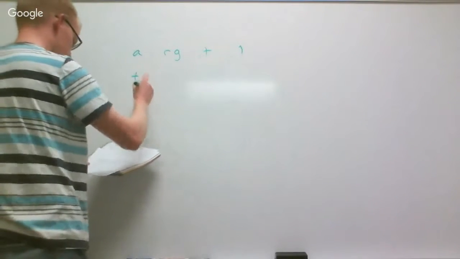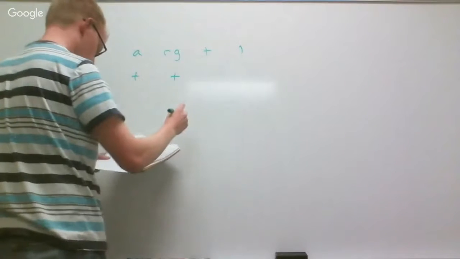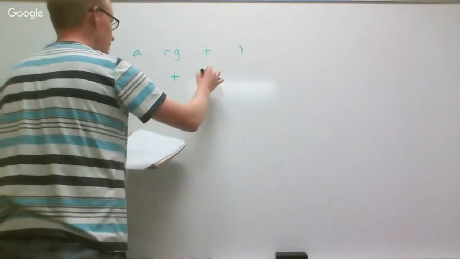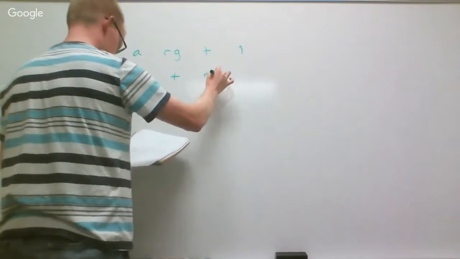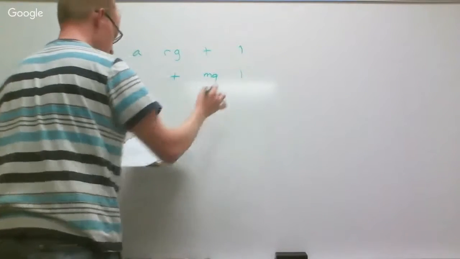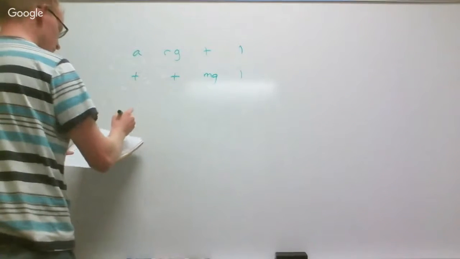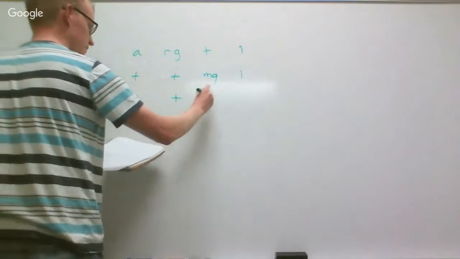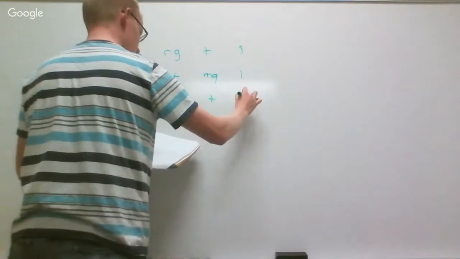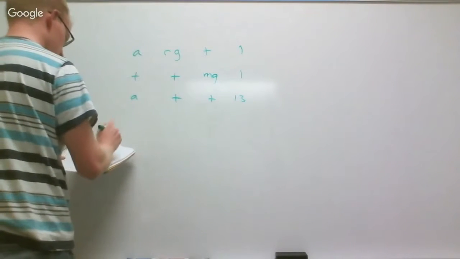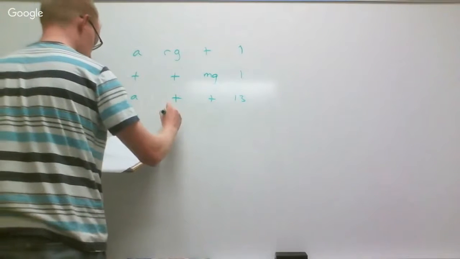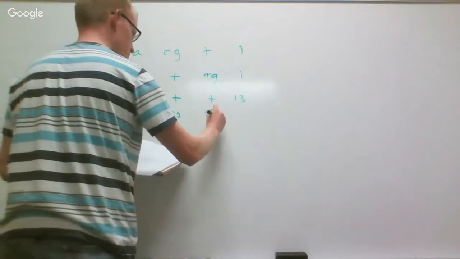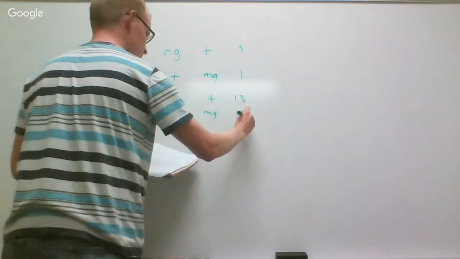Then next we have a wild type color with a mahogany. There is one of those. Next we have an agouti, wild type, 13. We have wild type, RG, MG, 12 of those.